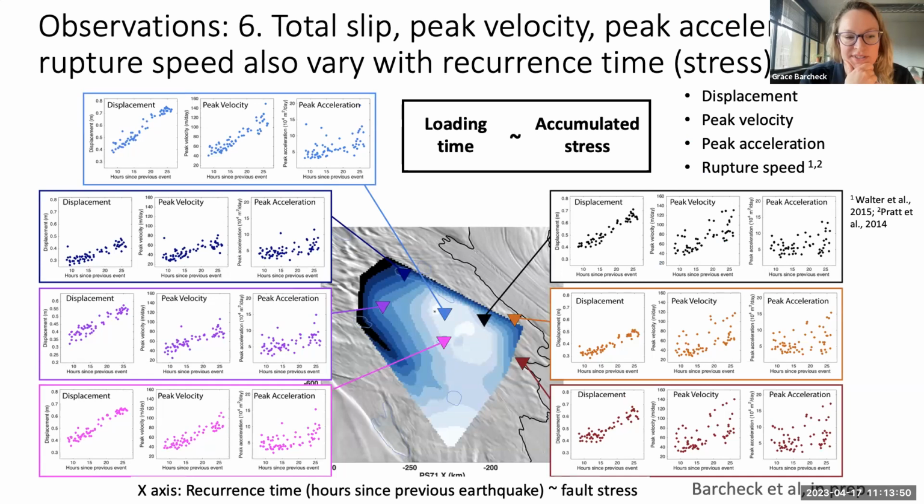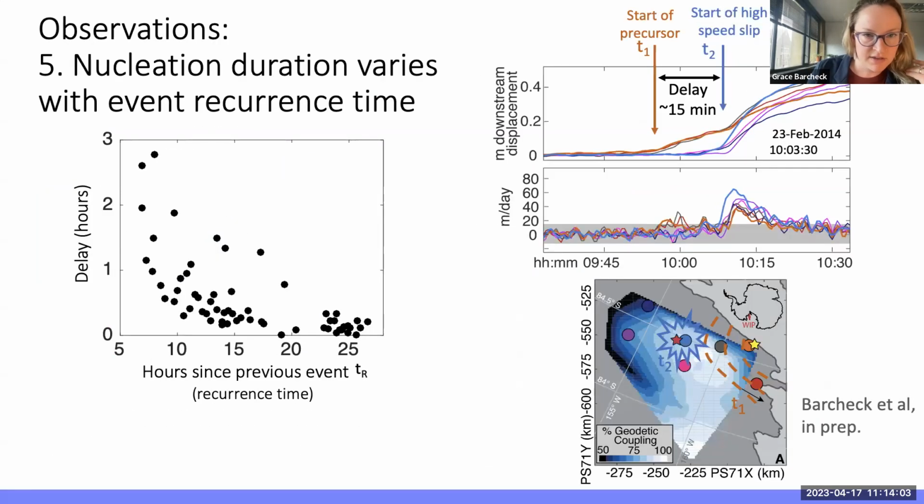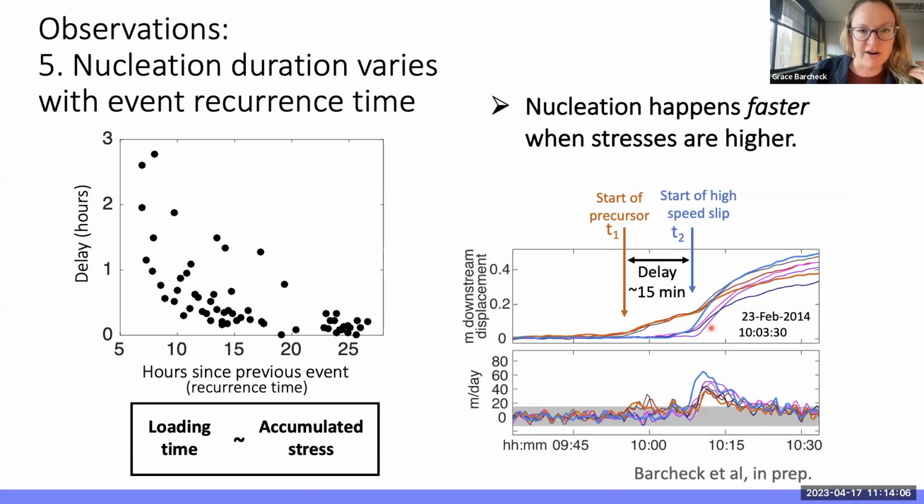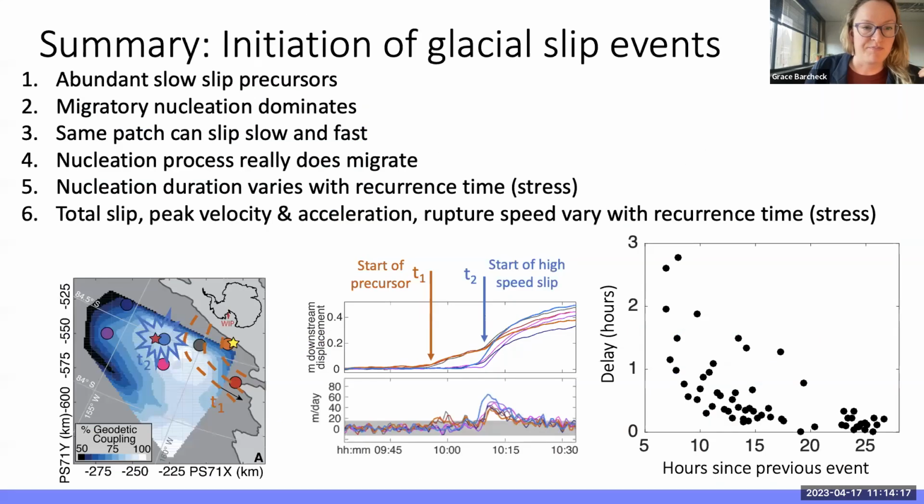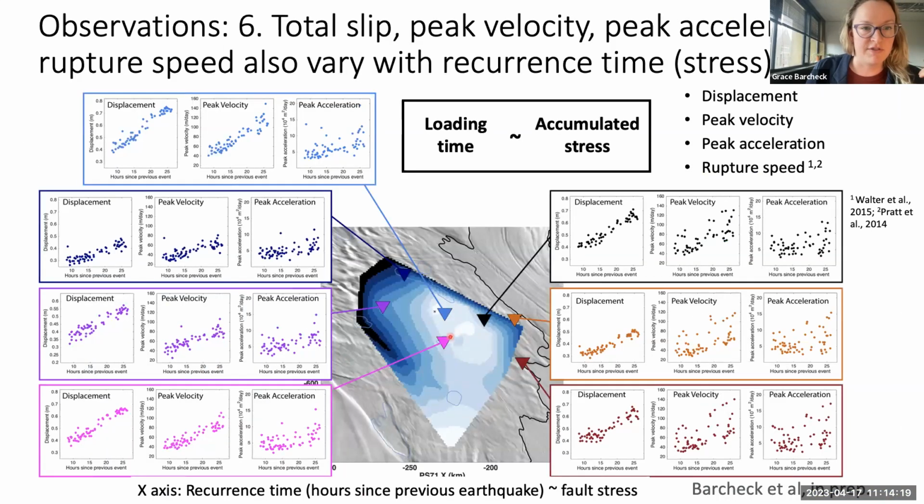Okay, so then once the main shock part of the event begins and the rupture spreads out across the entire glacier, we can measure how far the GNSS site moved, what was the peak velocity that it showed, and then what was the peak acceleration that it showed at each of these sites across the glacier.